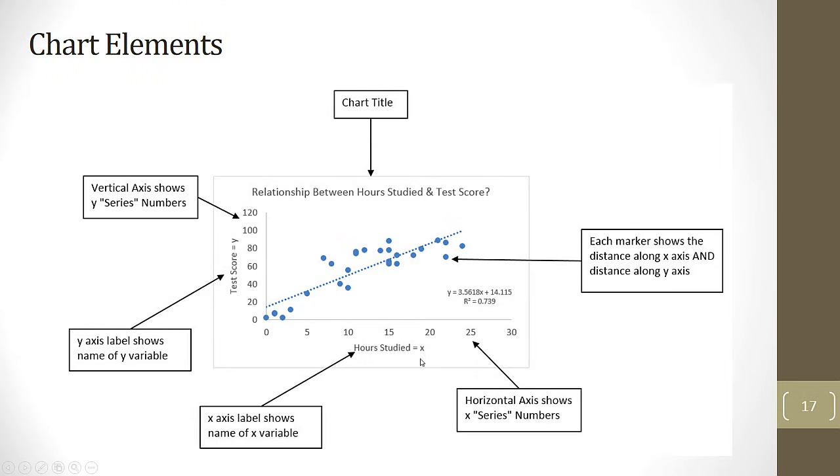Same with our x-axis. So we'll have to add both an X and Y label. And then, of course, we have our chart title. And the numbers for us are a certain distance along the X and along the Y to give us each one of these markers. All right, now let's go over to Excel and try and make these charts.